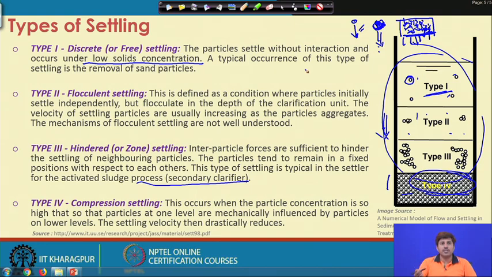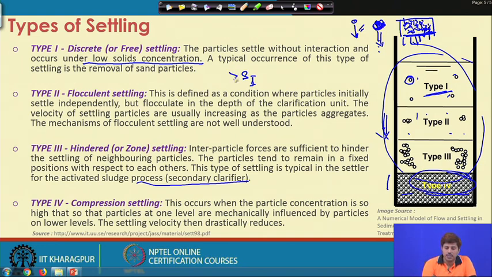Now, if you look at it velocity-wise, let us say you have some settling velocity in type 1. Since in type 2 the particles are forming agglomerates, they have a bigger particle size with a higher weight, so they settle at a faster speed.